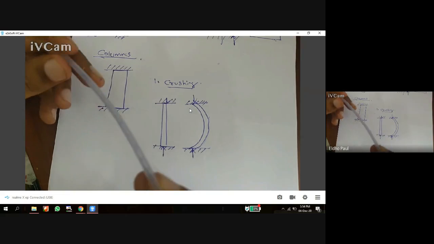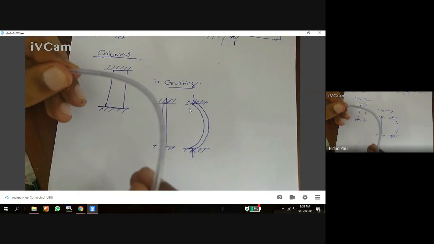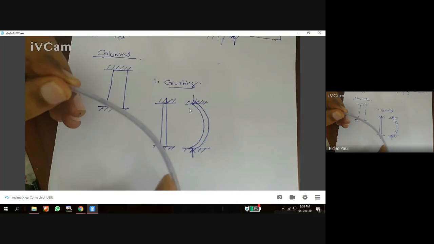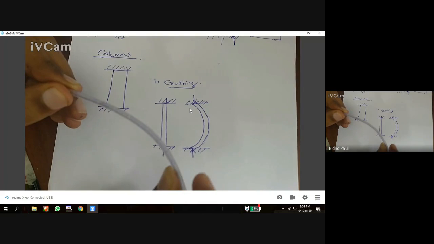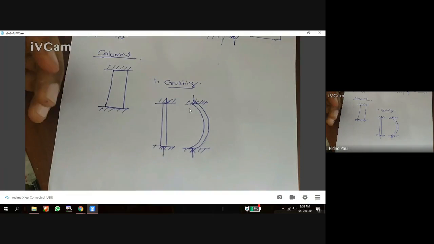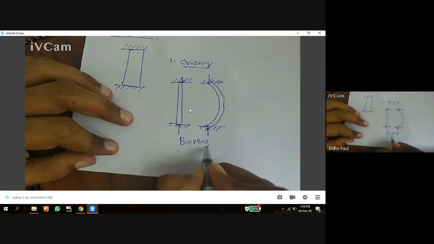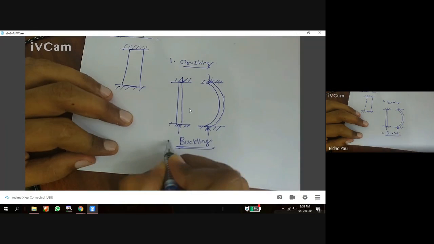After the point of buckling, this area starts to fracture or fail. So this is the first failure, called buckling failure.